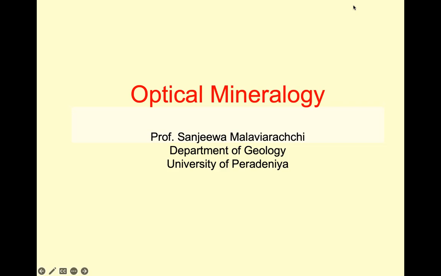There is another microscope very similar to the gemological microscope, that is called the stereo zoom microscope. That is also useful, similar to the gemological microscope. But the polarizing microscope is a very different one, because we are using a polarized light beam for observation of the mineral properties.